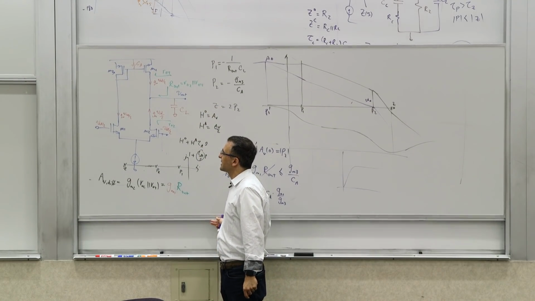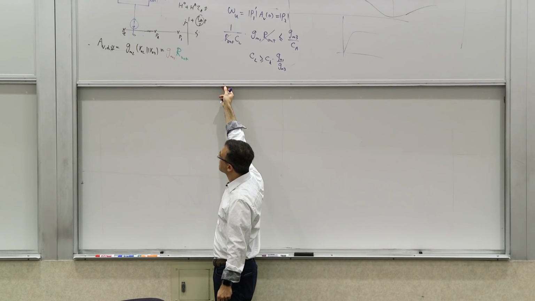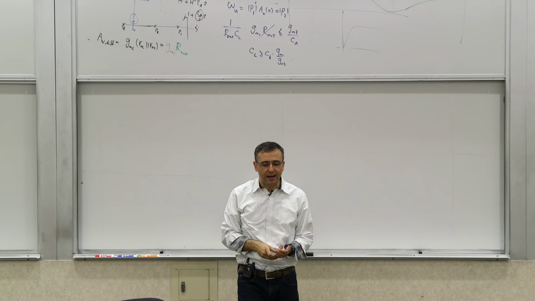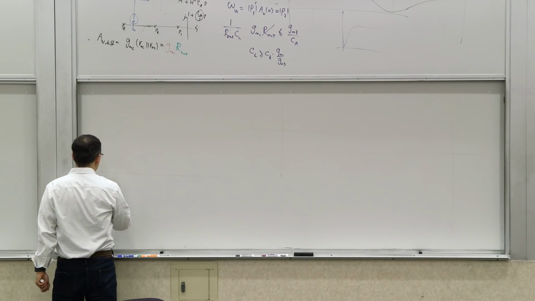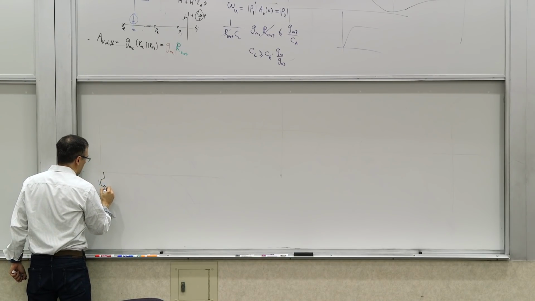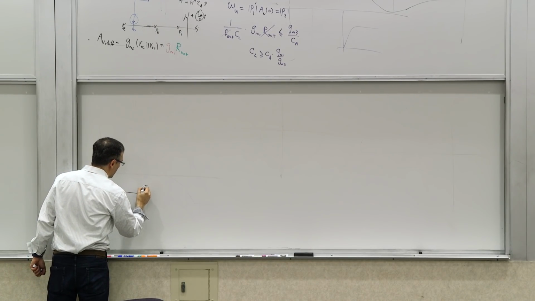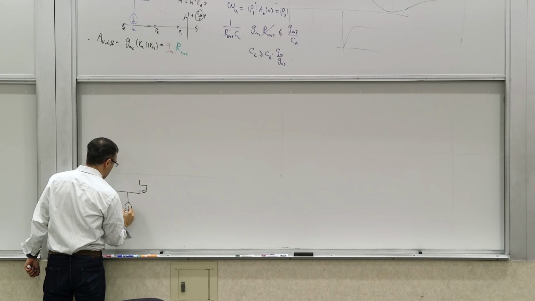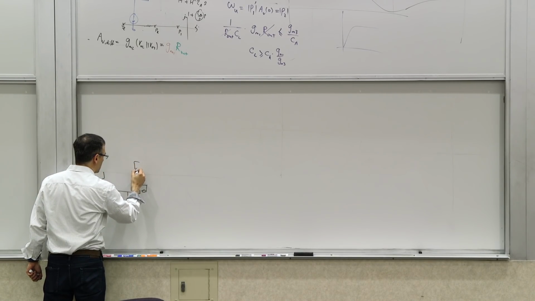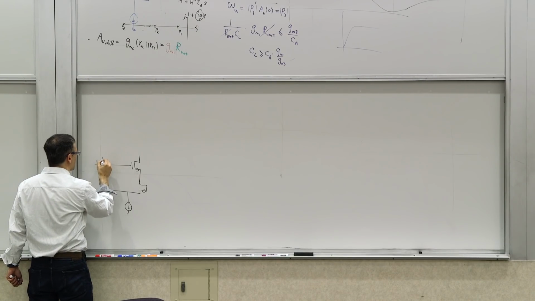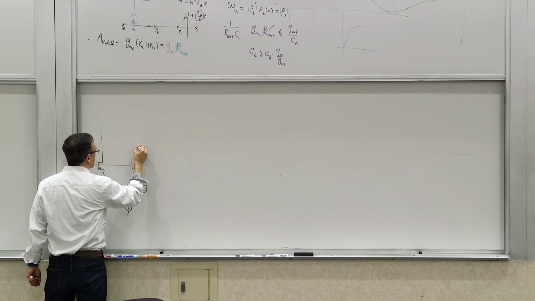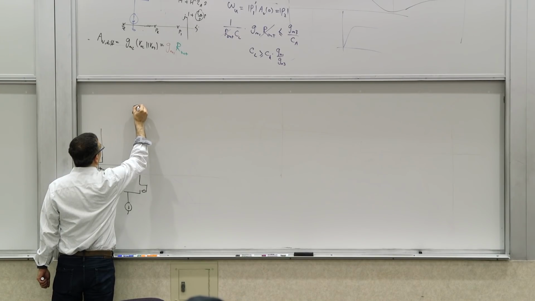So what happens if you, for example, had a cascoded stage? Let's draw a simplified cascode version and see what happens. We saw that if we wanted to get more gain from the one stage, one of the things we did was a cascode, and we really needed the cascode on one side.